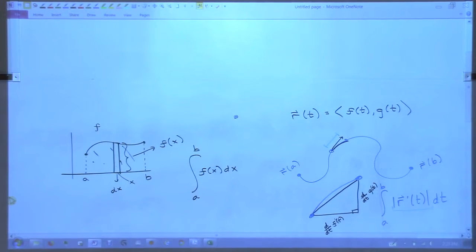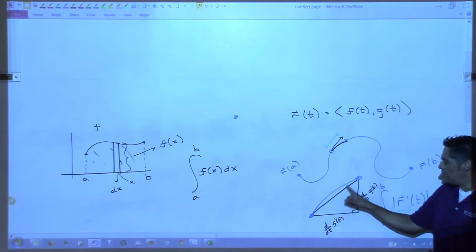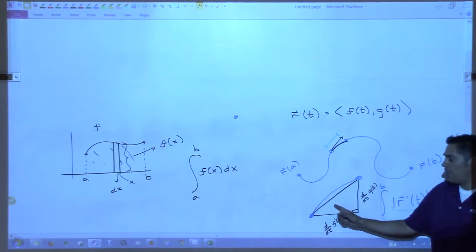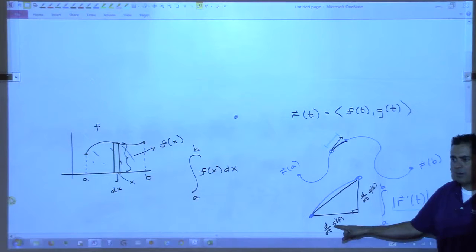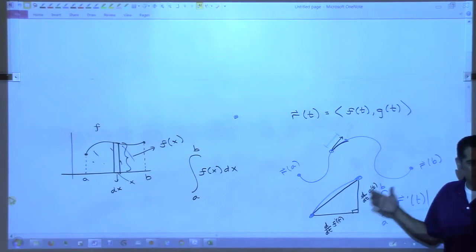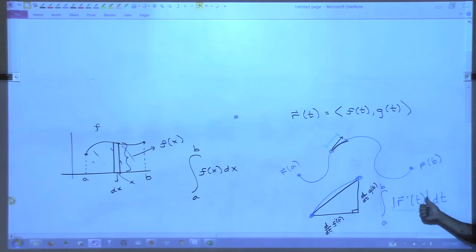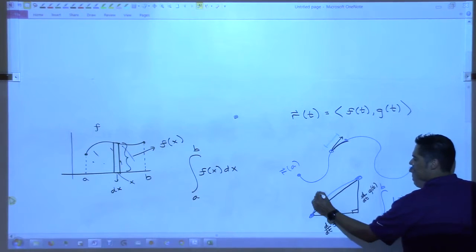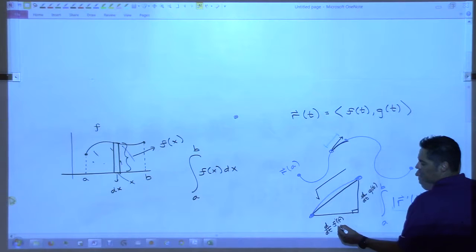Make sense? And so this length right here should be Pythagorean. It should be the square root of this squared plus this squared, right? Which is this part. Do y'all see that or no? Let's go ahead and take the derivative. If you take the derivative of this, what would you get?